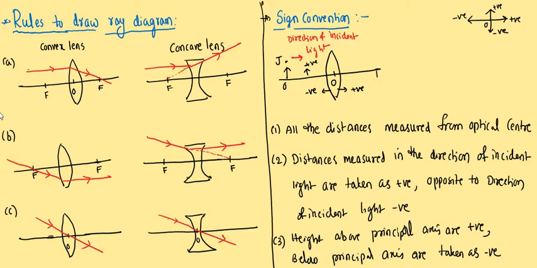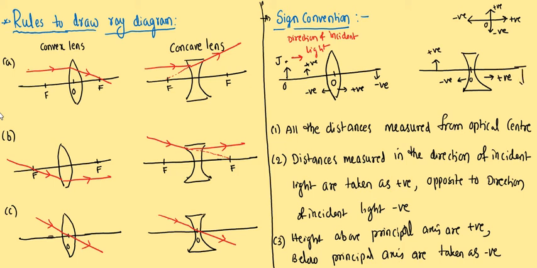Very simple. If you compare with the coordinate system, it is very easy. This is the optical center. You can take the optical center as the origin. Right of the optical center positive, left negative, above positive, below negative.